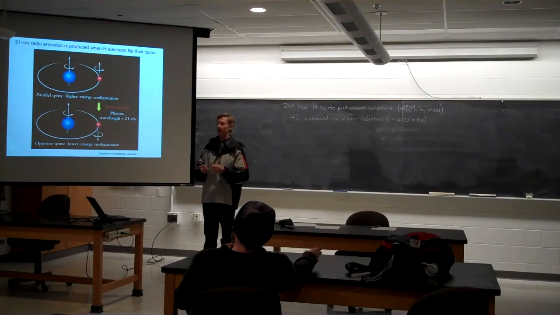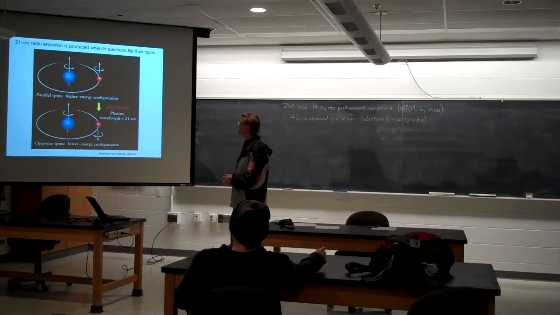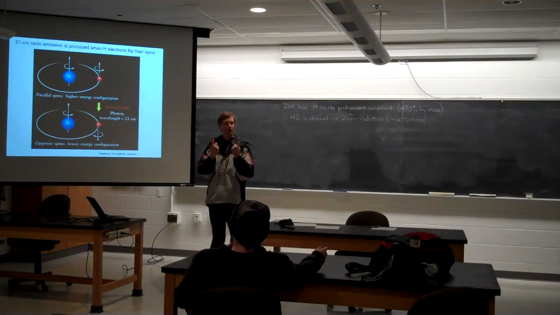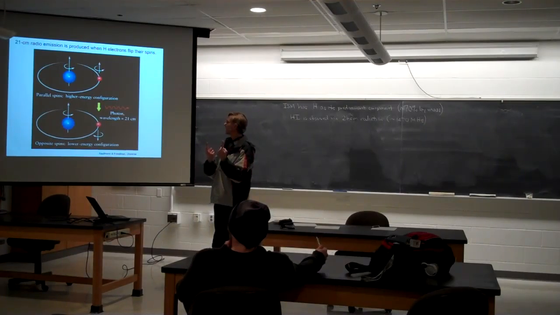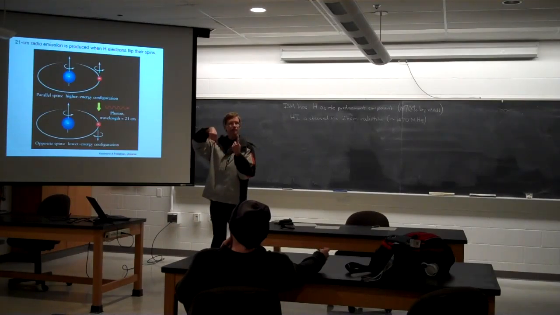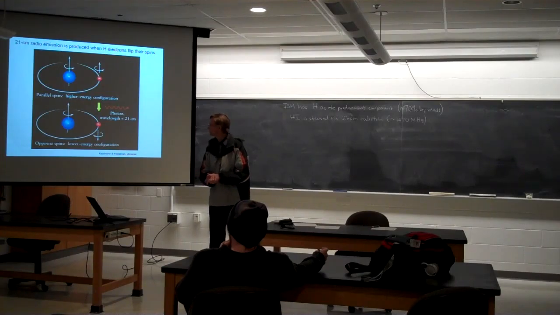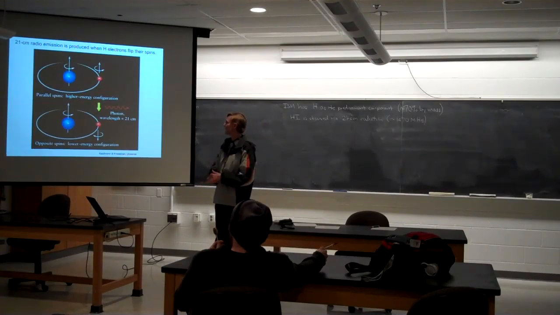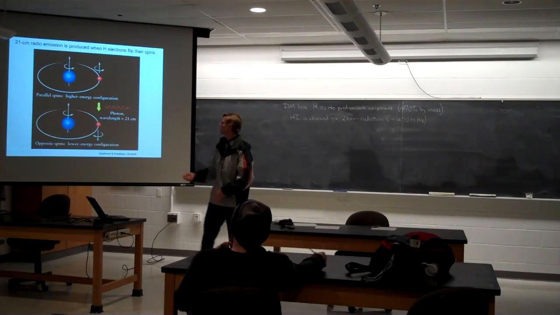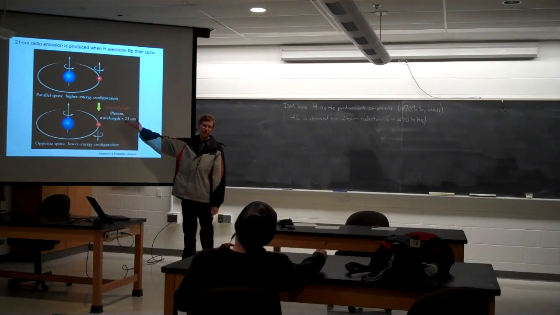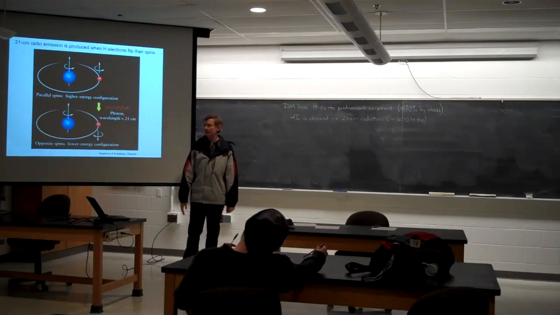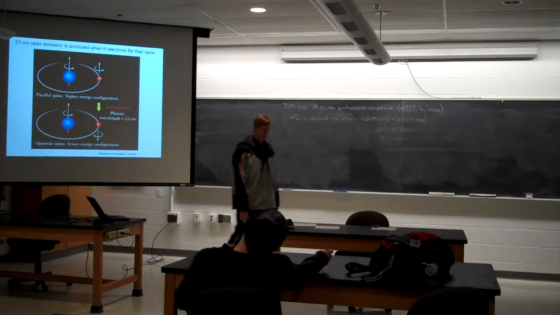The electron and the proton feel one another's magnetic fields, and it turns out that if their spins are parallel to one another, that has a slightly higher energy than if their spins are anti-parallel to one another. And guess what? The wavelength of the transition when the electron flips from having its spin aligned with the proton spin to opposite the proton spin corresponds to a wavelength of 21 centimeters. So that's what gives rise to this 21 centimeter radiation.